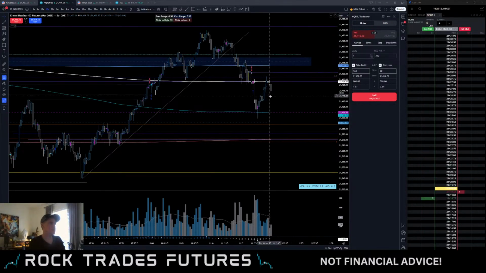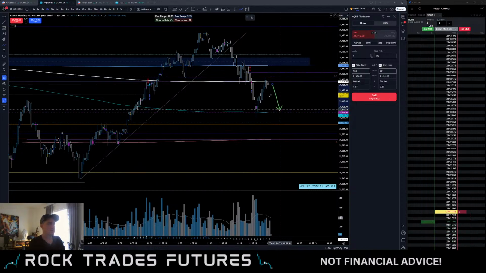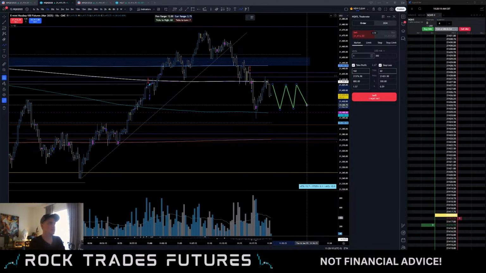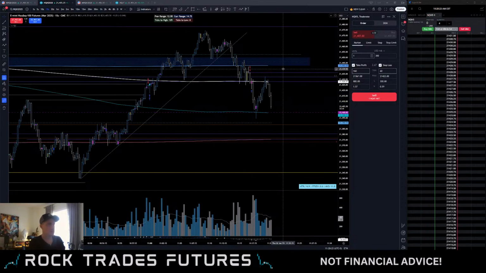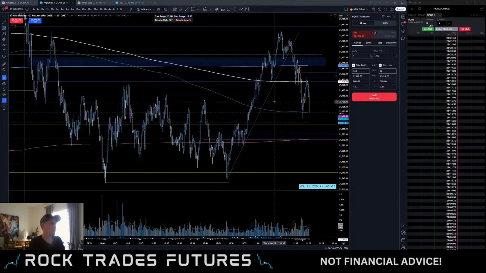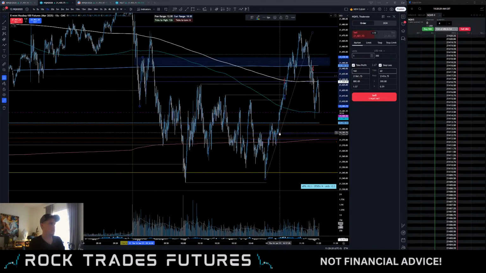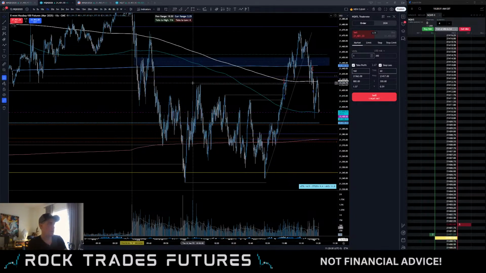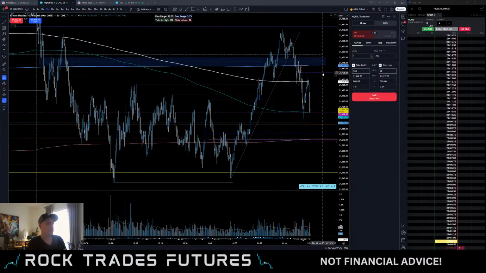So now price could want to obviously chop between these moving averages. I like that price is respecting. Let's slow it down with some of these lines here. Let's clean it up a bit.